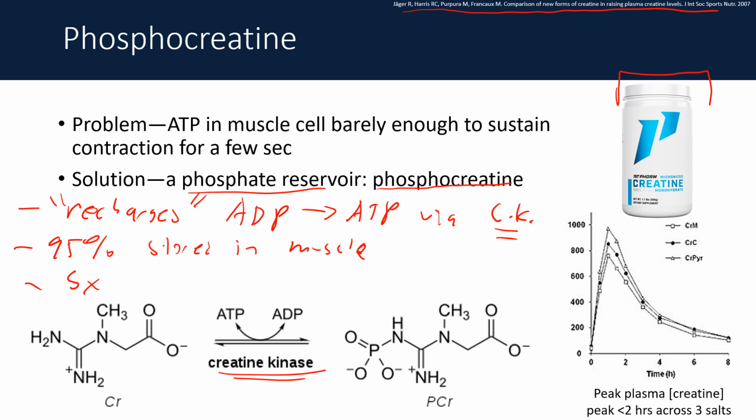And that seems to be around a little bit past the hour mark across multiple different forms of creatine. So if you want to maximize your creatine stores, in theory, I guess 90 minutes before your workout seems to be the most effective time to do so.